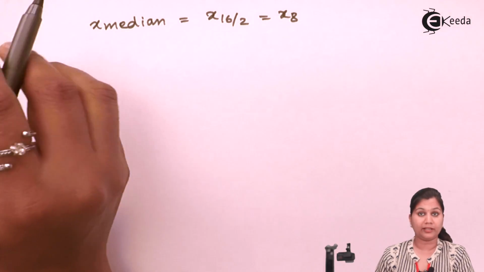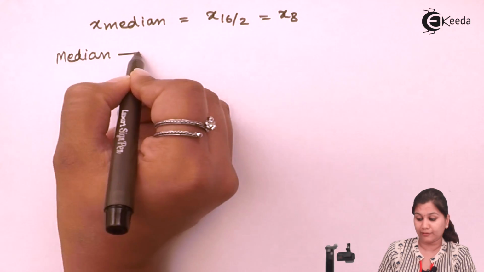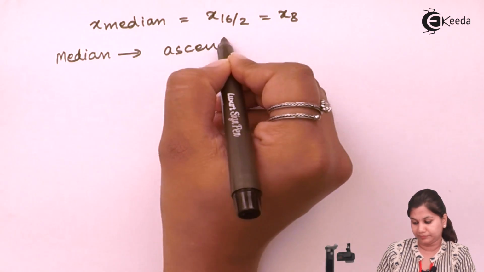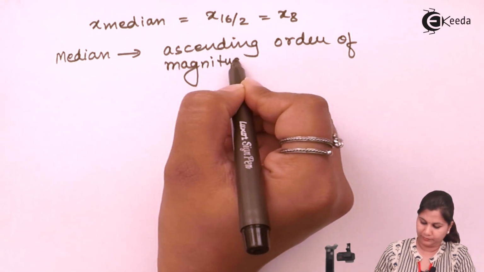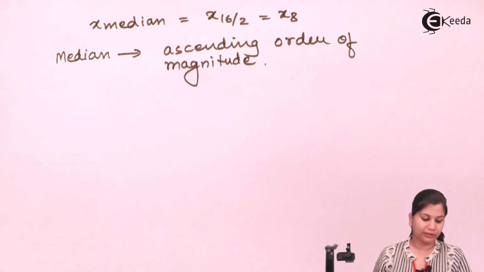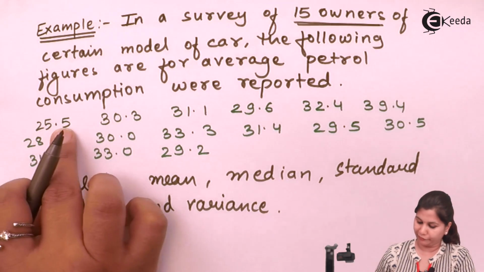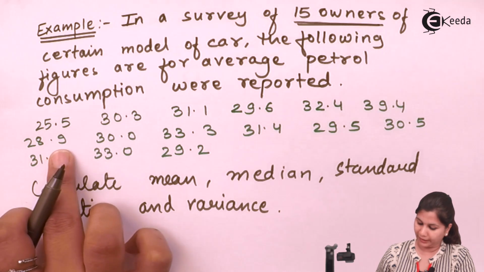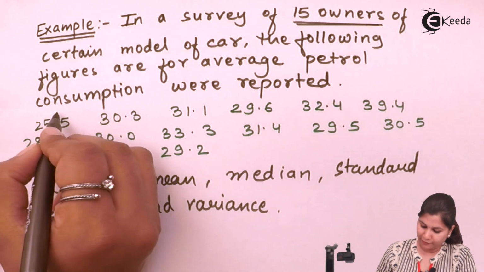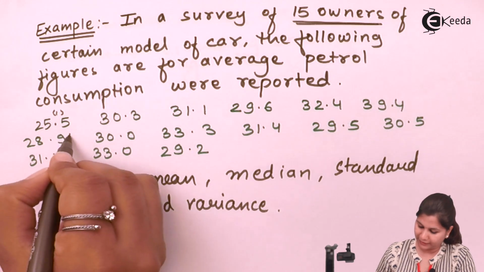Now, here in the median we have to arrange the readings in ascending order of magnitude. That means the smallest value will come first. In this, the smallest value is 25.5. After that we have 28.9, which will become our second reading.